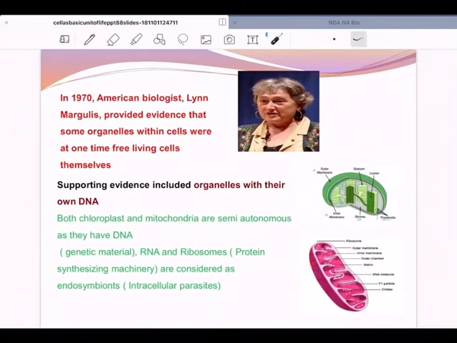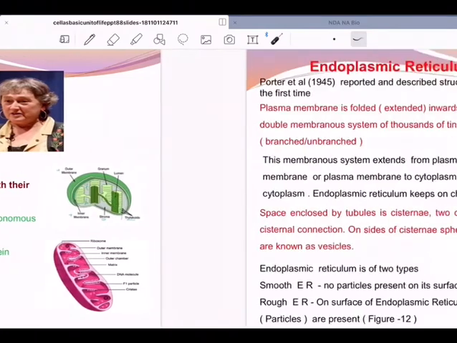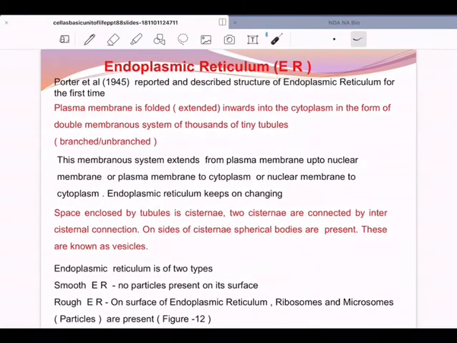One is chloroplast, another is mitochondria. Remember this. Both chloroplast and mitochondria are semi-autonomous, as they have DNA, genetic material, RNA, and ribosomes, the protein synthesizing organelles. That is the reason why mitochondria and chloroplast are very important.